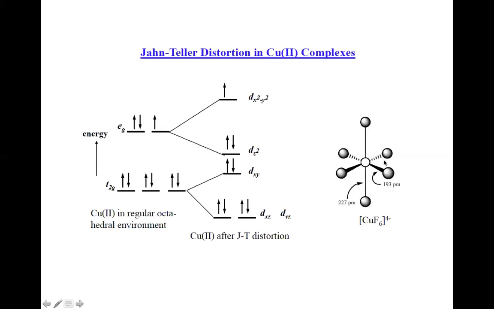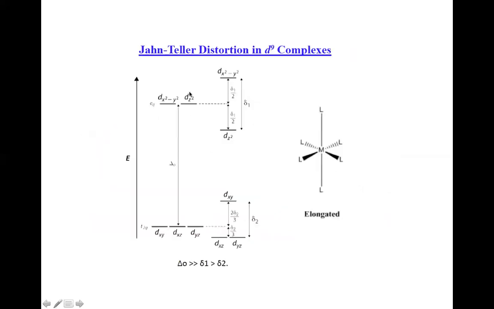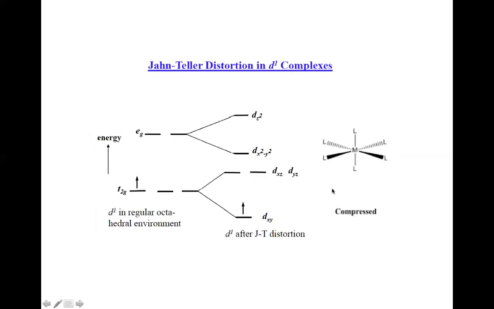This is the distorted octahedral geometry, which is observed in the case of copper due to Jahn-Teller distortion. This is the same thing actually. This is how the dx square minus y square and dz square orbitals are, in terms of energy, elongated, which is observed in copper 2 complexes due to Jahn-Teller distortion.